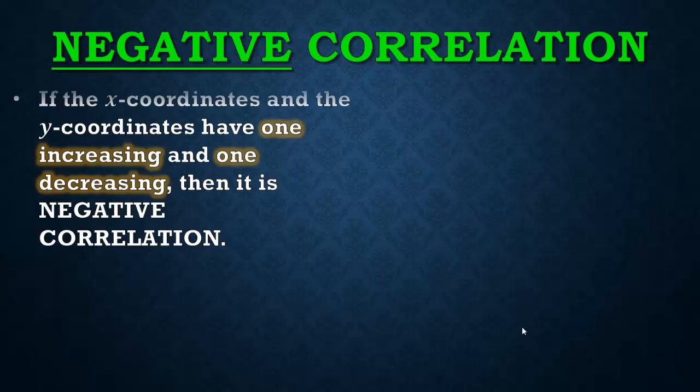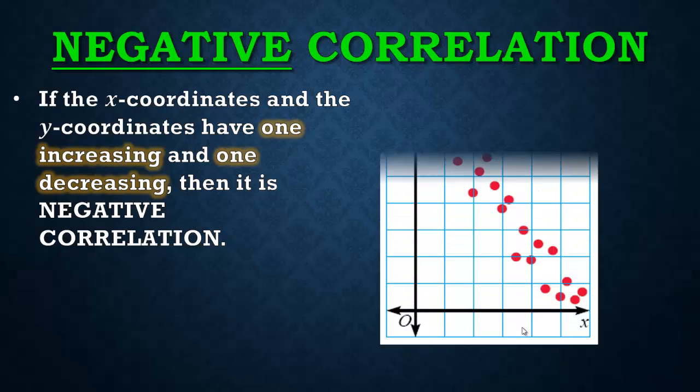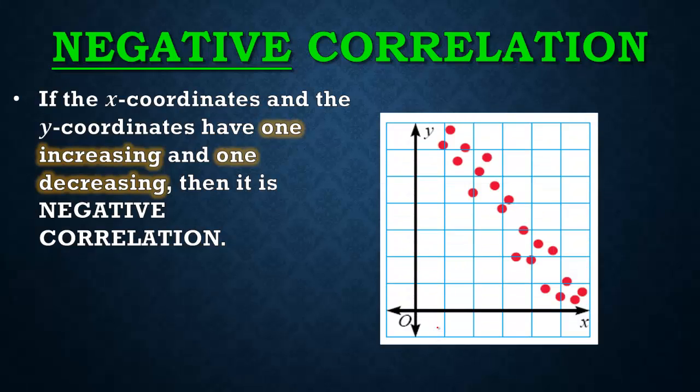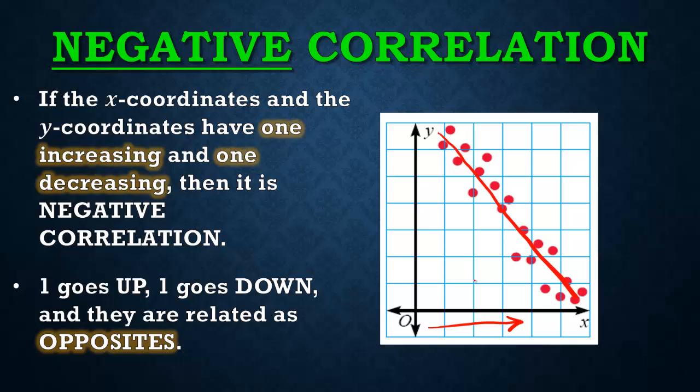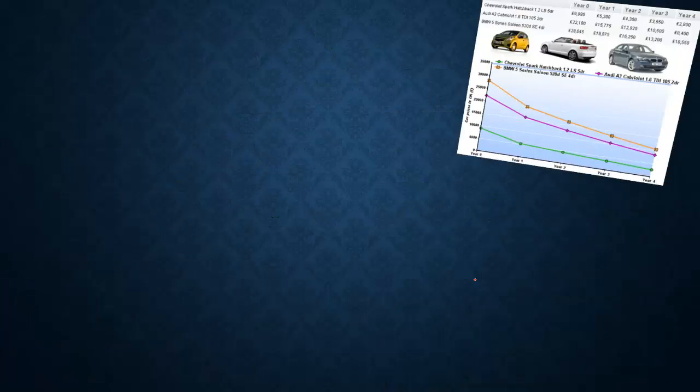A negative correlation, though: the x coordinates would be increasing and the y coordinates would be decreasing. Remember, x gets bigger going this way, so x is always going to get bigger. It's just y starts up high, but then goes low. So that would be a negative correlation. One goes up, one goes down. They're related as opposites.